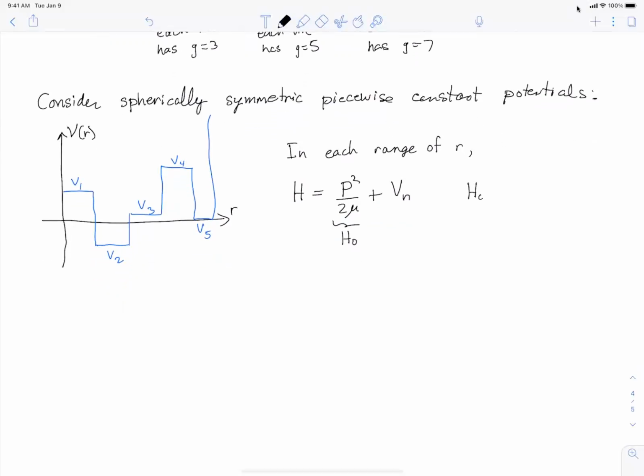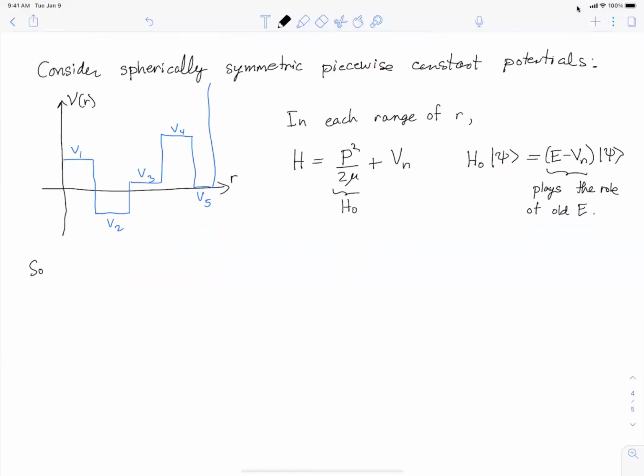It looks like H0 times my ket has to equal E minus the constant potential part times my ket. And so E minus the potential just plays the role of the old E for the free particle. Otherwise, everything's going to be exactly the same. And so we know what the solutions are.